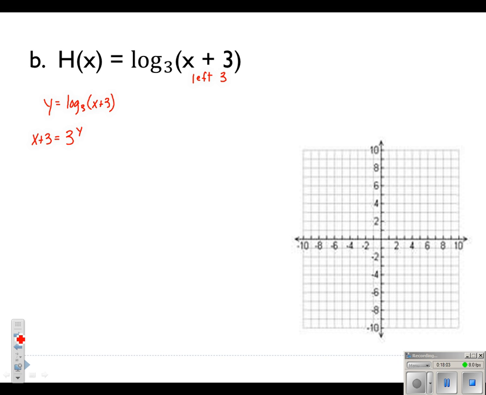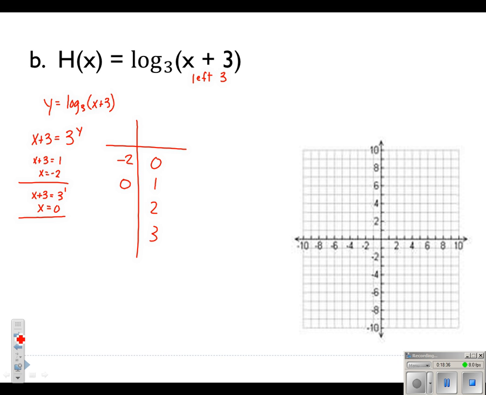All right, table of values. I just went with a few this time. We'll get the idea. If I put 0 in for my power of y, I'm going to get x plus 3 equals 3 to the 0, or 1. Solving, x ends up being negative 2. If I choose 1, then I have x plus 3 equals 3 to the first. Subtracting 3, I get x is equal to 0.